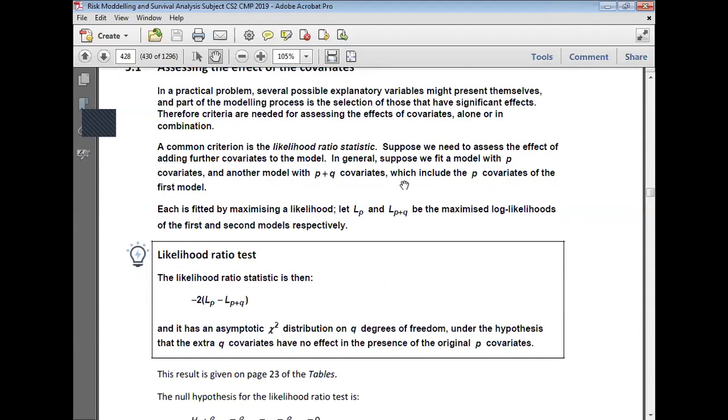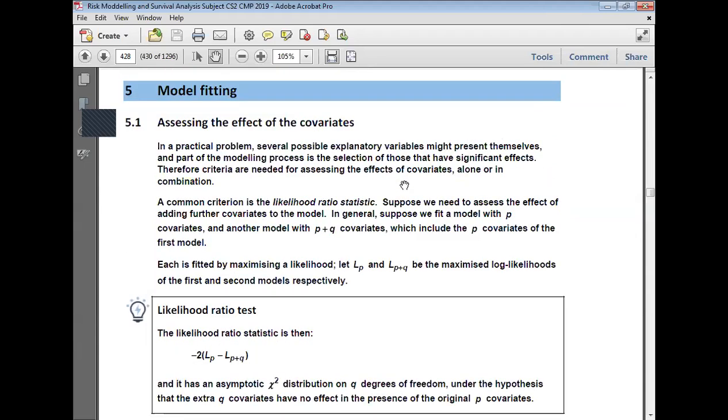So this is another test that we can do to figure out whether the additional covariates that we add are significant. Do they actually impact the force of mortality or not? The test that we are going to do to figure this out is called the likelihood ratio test. And I think you all might have seen this in your CS1.